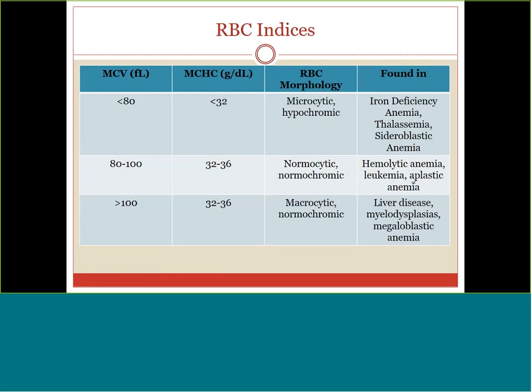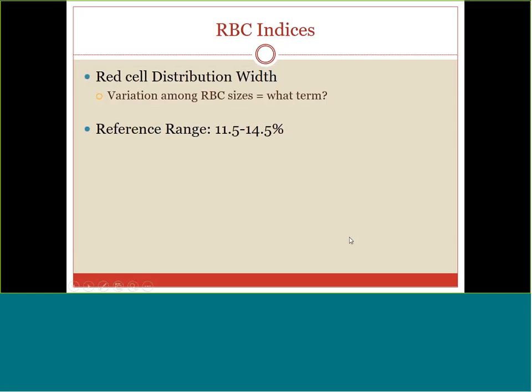That's the one that fits in both categories. For macrocytic, the big ones were liver disease and megaloblastic anemia, and then we also added myelodysplastic syndrome, which we just learned in Heme 2 this time. So these are some categories. You can see how just knowing the MCV, MCHC result helps you already narrow down what possible anemia could be existing.